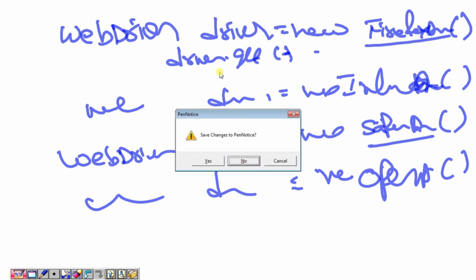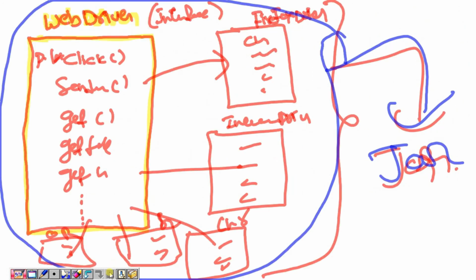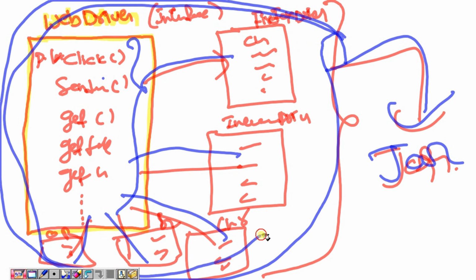What is WebDriver? WebDriver is an interface. It has a lot of methods, but without any logic. For all those methods, different classes for different browser purposes have already been developed by the Selenium people.